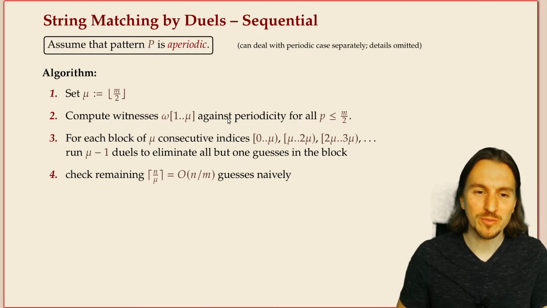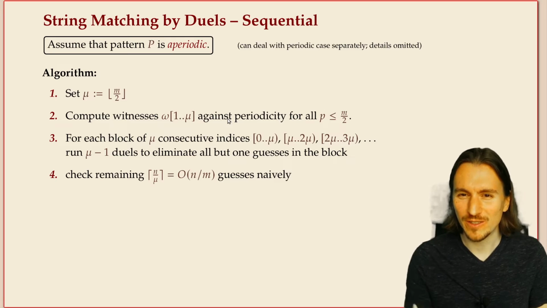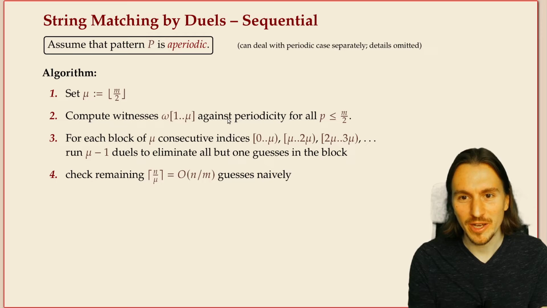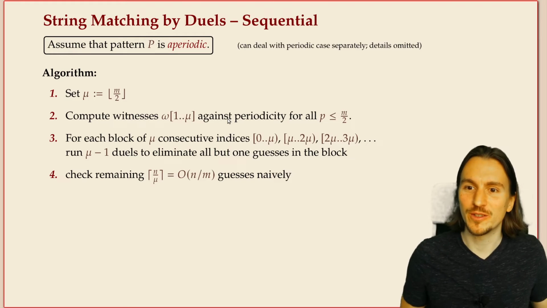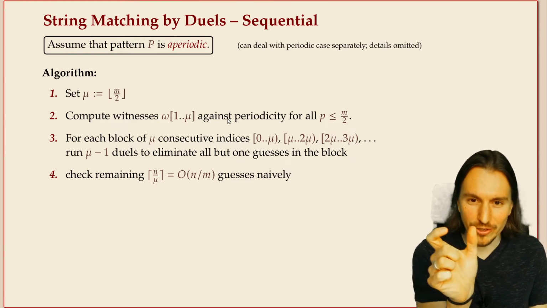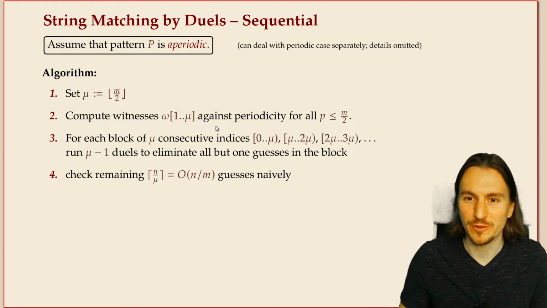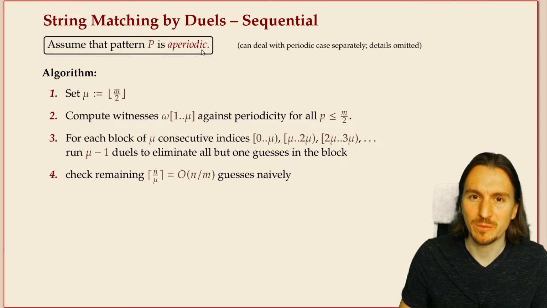Or you find in this process, there is no witness against this periodicity because actually this is a period. And then you know the pattern is periodic and you do something different. You recurse on the periodic part, etc. That is beyond the scope for us today. We will only focus on aperiodic patterns.